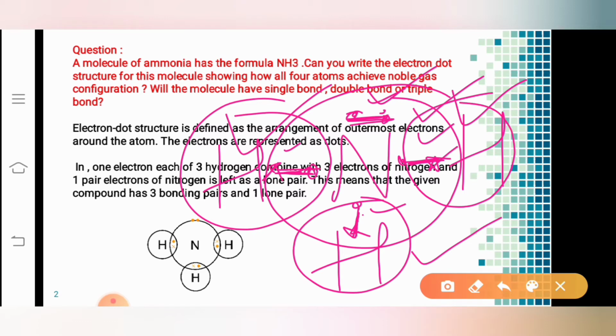So here we have observed that all the atoms present in the ammonia have achieved the noble gas configuration. Thereby they have shared the electrons, and please remember the bond formed between them is the covalent bond, because here the hydrogen and nitrogen have neither donated nor received the electron, in spite they have shared the electrons.